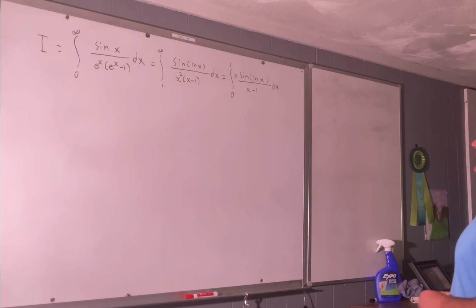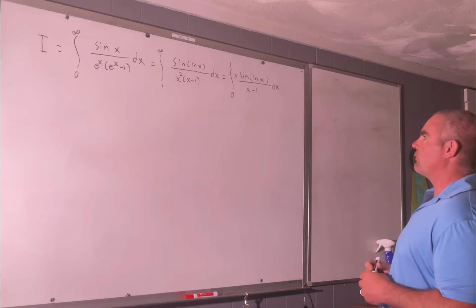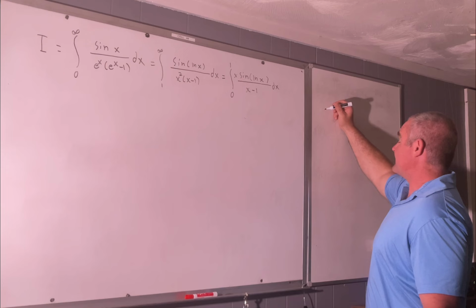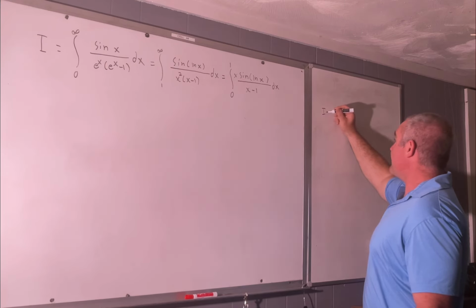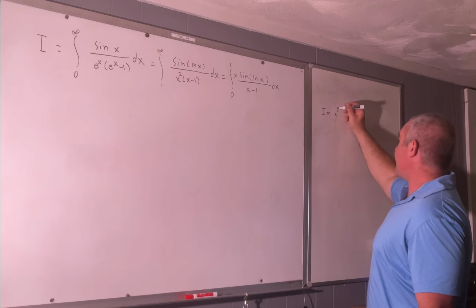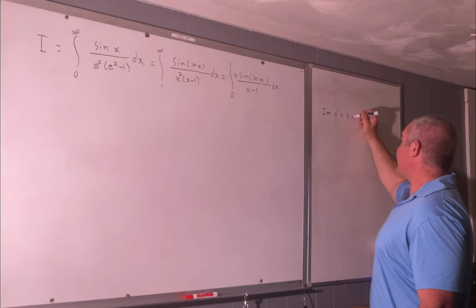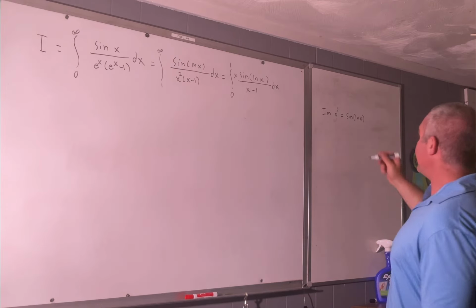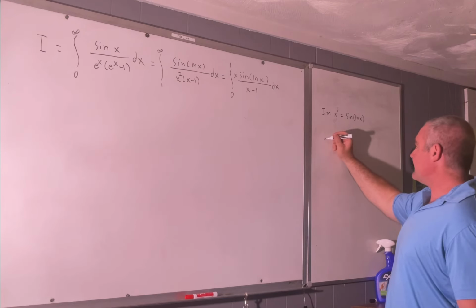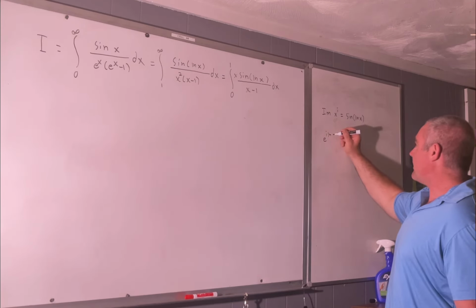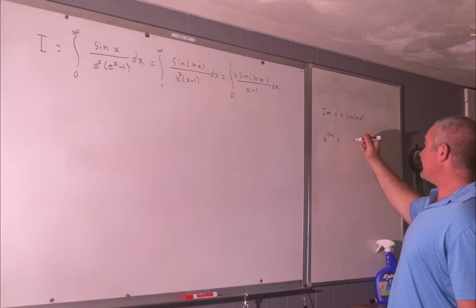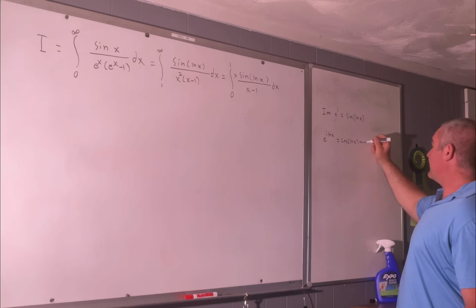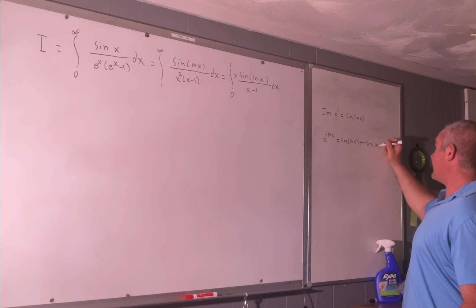All right, now let's do something I've done 3 or 4 times on this channel. Let's state that the imaginary part of x to the i is equal to the sine of the natural log of x. And that is because if you take e to the i natural log x, we know that this is equal to cosine natural log x plus i sine natural log x.